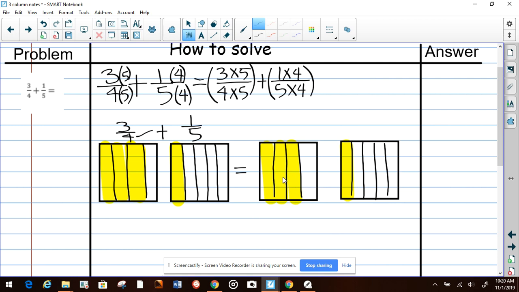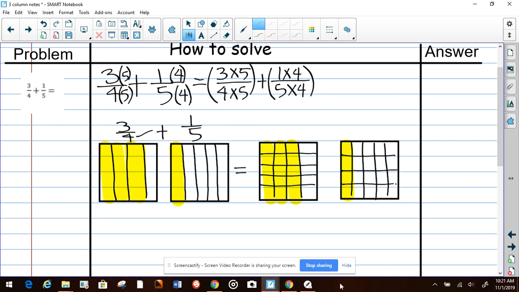The 4 was multiplied by 5, so we have to show 4 lines across: 1, 2, 3, 4, and that will be 5 parts. And the second one, we multiplied by 4, so this is going to have 3 lines across: 1, 2, 3.